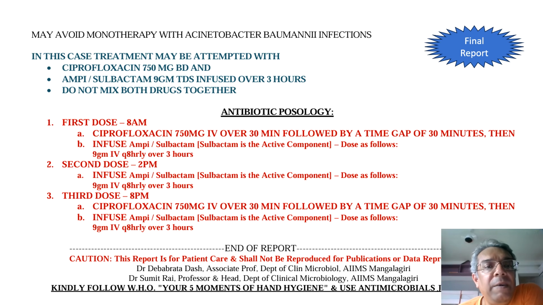And this is the final treatment that we suggested, to avoid monotherapy with Acinetobacter baumannii infections. In this case, the treatment may be attempted with Cipro and Ampicillin-sulbactam 9 grams TDS infused over 3 hours. That's the standard dose that we normally follow for Acinetobacter, whereas sulbactam is the active component. And this was the final report that we gave.